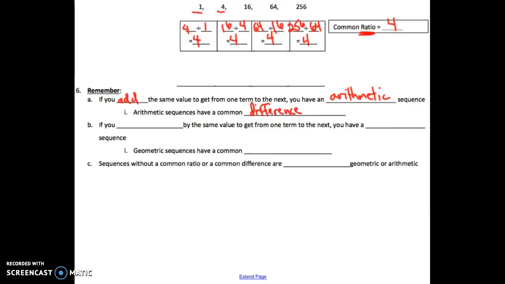If you multiply by the same value to get from one term to the next, you have a geometric sequence. Geometric sequences have a common ratio. Ratio because you're multiplying, difference because you're adding for arithmetic. Sequences without a common ratio or common difference are neither. Those do exist, but they're neither geometric nor arithmetic.